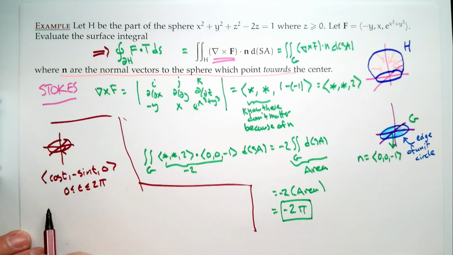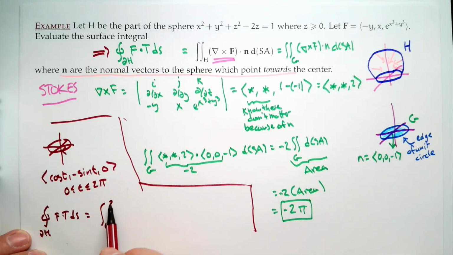So if you now integrate on your boundary of F dot T ds, what you'll discover is you integrate 0 to 2 pi, and what does F become?